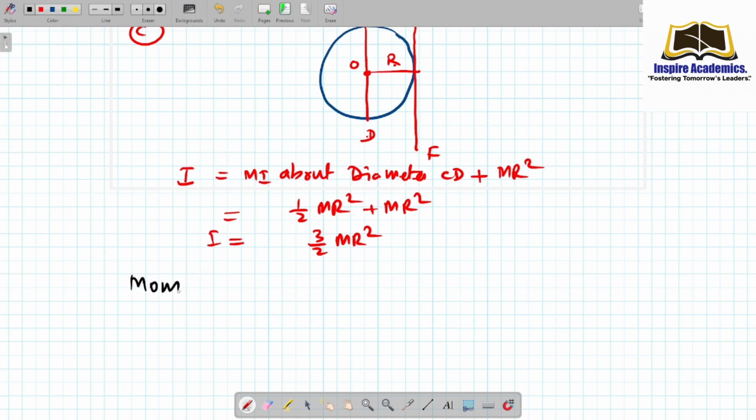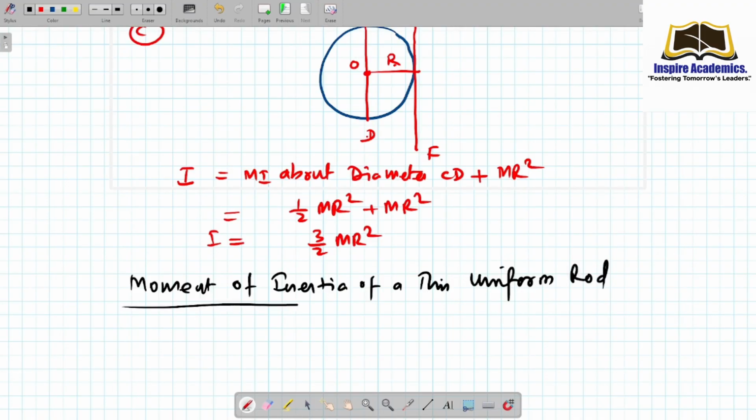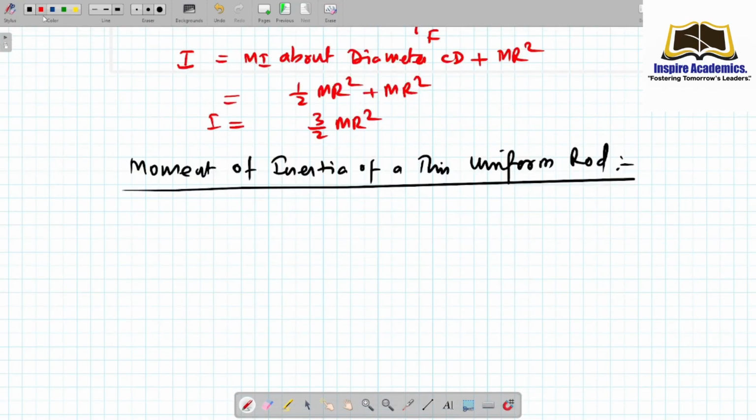Moment of inertia of a thin uniform rod. चलिए, how will you envisage a uniform rod? रोड तो सीधा डंडा ही होता है ना, तो कैसे दिखोगे? अच्छा दो तरह से हो सकती है रोड भी, एक तो आप सेंटर से घुमा रहे हो या एक कोने से घुमा रहे हो. ओके, सो दोनों में अलग अलग आएंगे.